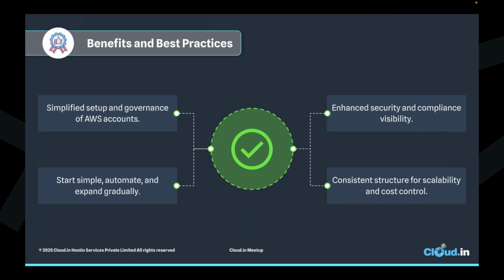Next is enhanced security and compliance visibility. Control Tower provides clear visibility into the security and compliance status of all your AWS accounts through a single dashboard. Like I said before, you have two different accounts created by default, one for security and one for logging.